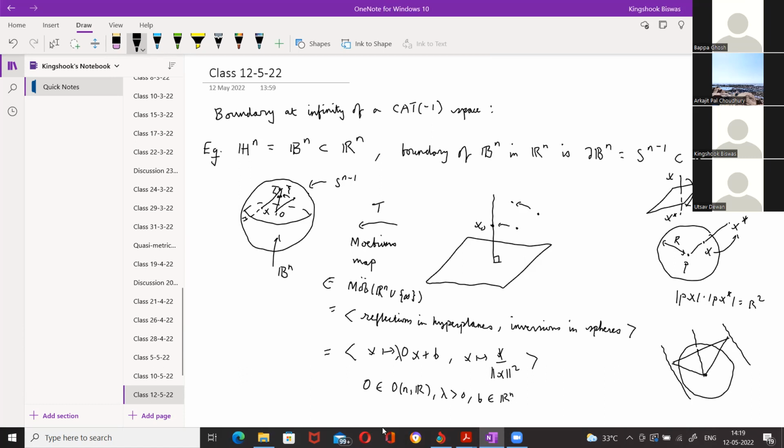Similarly, any circle in Rn is contained in a plane, right? And there you have to be a bit careful because that plane may not pass through the origin. If it's a circle in a plane passing through the origin, then we're fine.